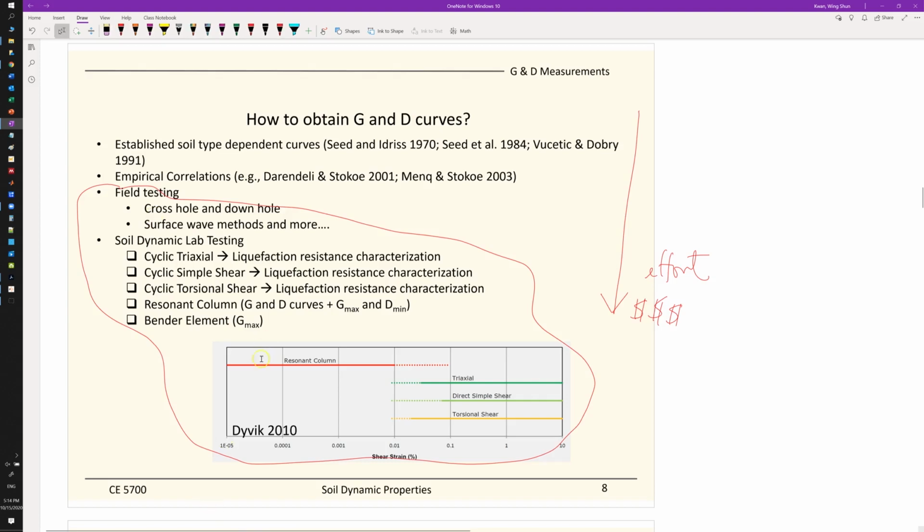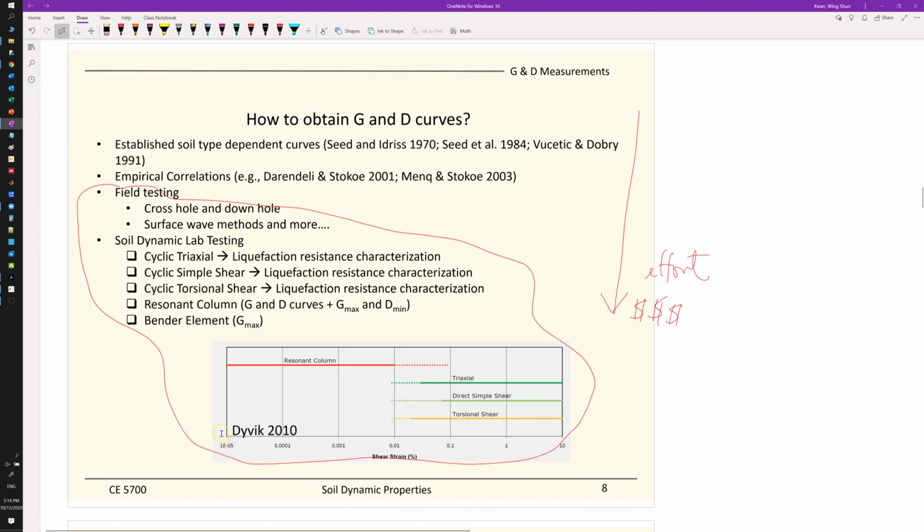But one of the key differences for those laboratory tests is, again, the shear strain level. The resonant column is so special that you can go to extremely small strain, even up to a degree of 10 to the minus 5.